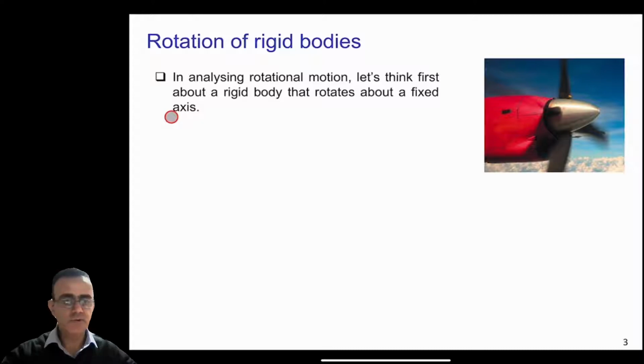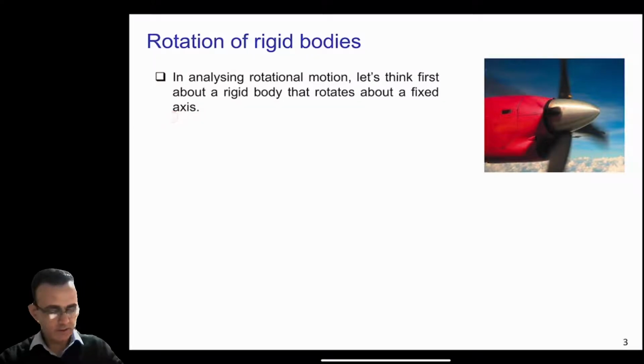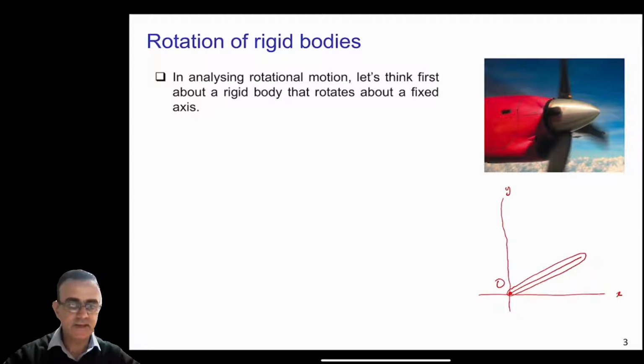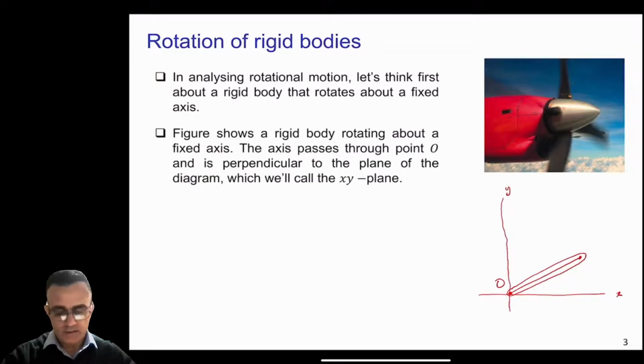So if you consider a body here, for example, if this is our x axis and y axis, and if we consider a body here, and this body is rotating about this fixed axis O. So the figure shows a rigid body rotating about a fixed axis, which is O here. The axis passes through point O and is perpendicular to the plane of the diagram, which we will call the XY plane.